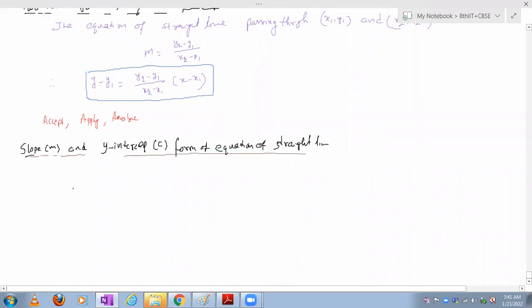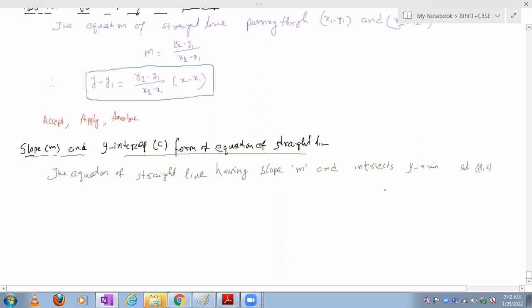Now, see the equation of straight line having slope m. Every equation of a straight line will have a slope m. Okay, now it intersects the y-axis at 0, c.